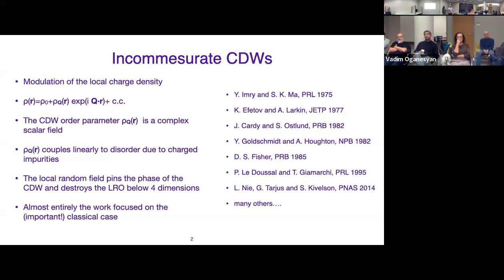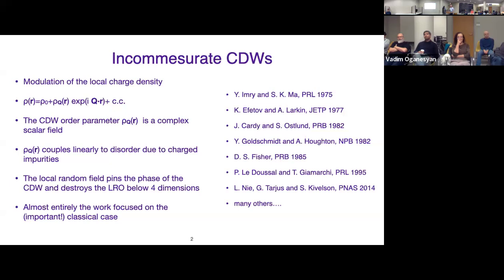It's not like the random field Ising model, because the symmetry here is going to be continuous. That's why you have a complex field which has an amplitude and a phase, as I've written on the board. What matters there are the phase fluctuations.